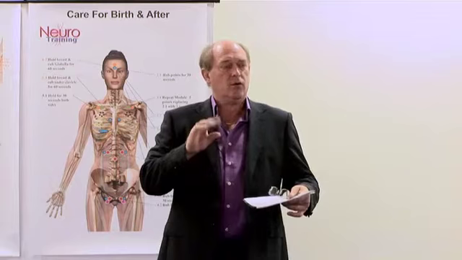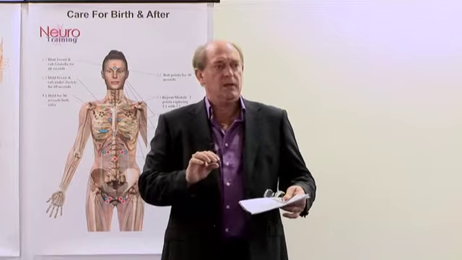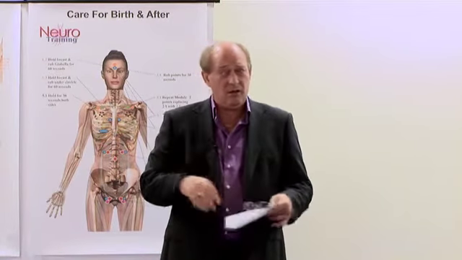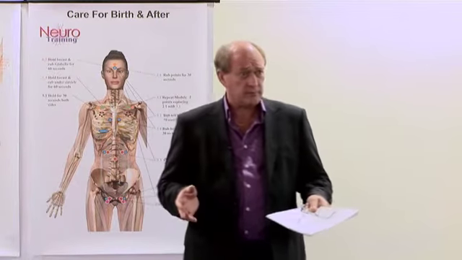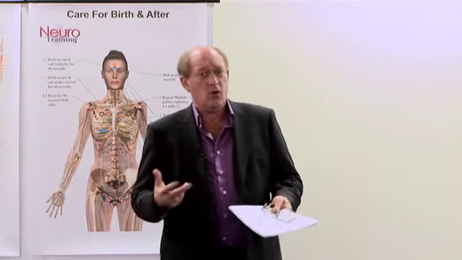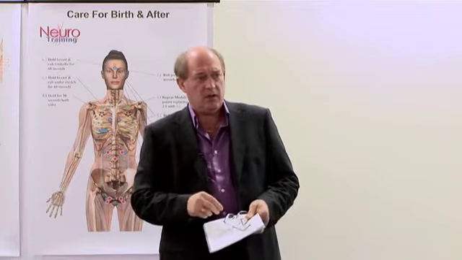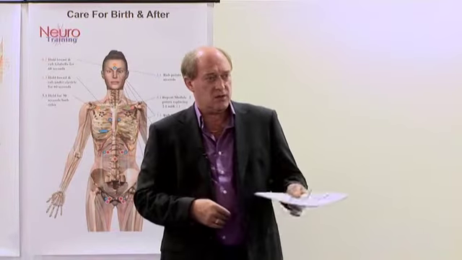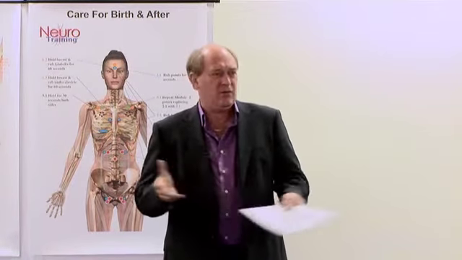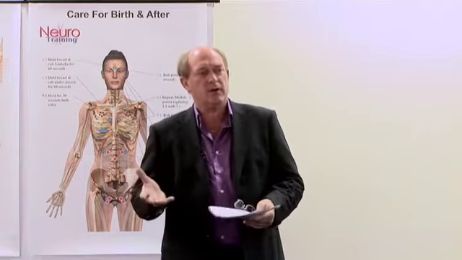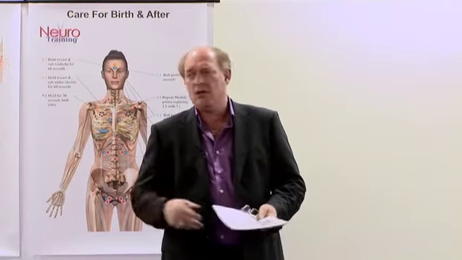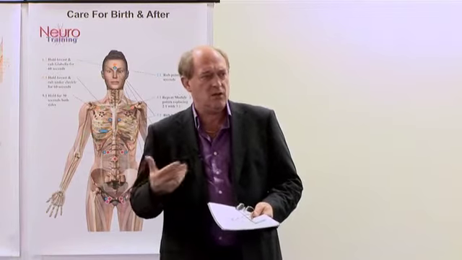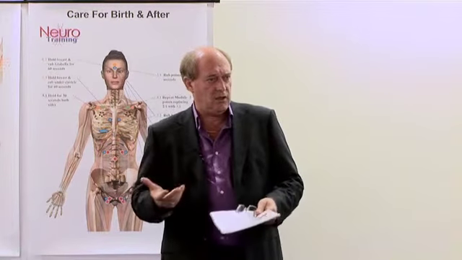At that point, the cord stops pulsing. It's at that point you can either leave it to drop off naturally, which actually doesn't take that long, or you can cut it at that point and just let it finish off its processes naturally. But if you let the cord stop pulsing by itself before you do anything to it, you have no problems in damaging or risking the kidney energy in any way.